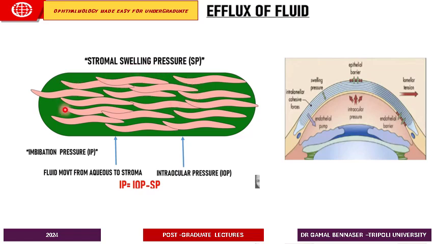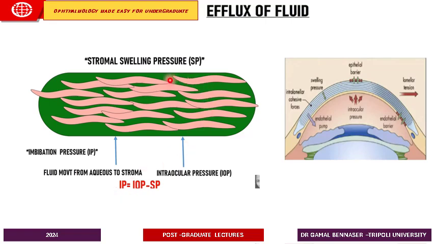Now, this will create a swelling pressure within the stroma that counteracts these two forces. So the imbibition pressure is the difference between the swelling pressure here, which is around 60 millimeters of mercury, and the intraocular pressure. So the imbibition pressure is a negative pressure because it is a suction pressure.